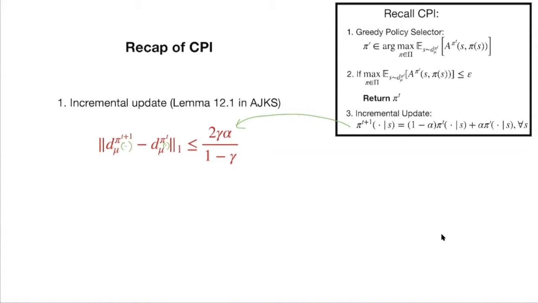But ignoring the amplification factor, this basically says that the two distributions are not that far away from each other if the two policies are not that far away from each other.